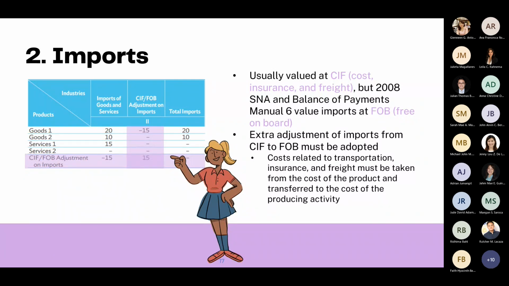Let's say the price of good one, which is toys, is only 5 USD. But the freight cost to transport it from the Singapore border to the Philippine border is 15 USD. Hence, the total value of toys recorded at CIF becomes 20 USD.